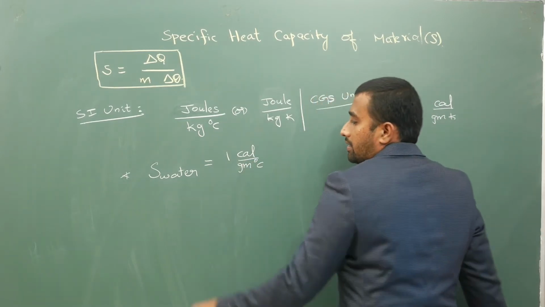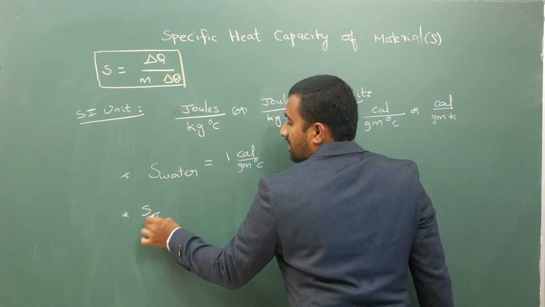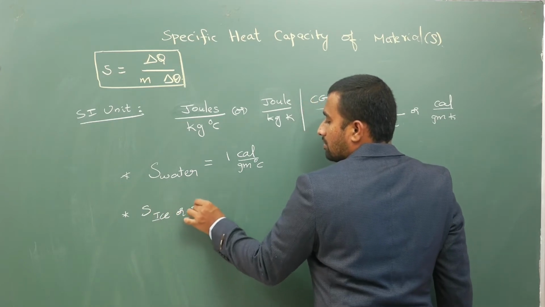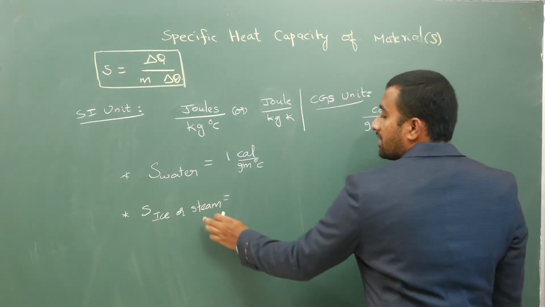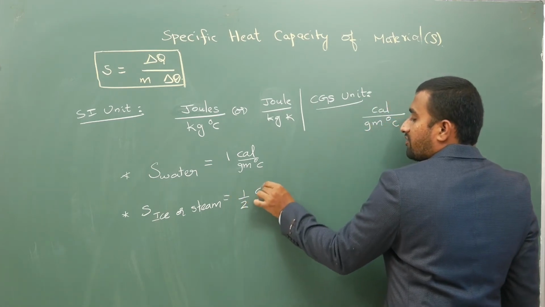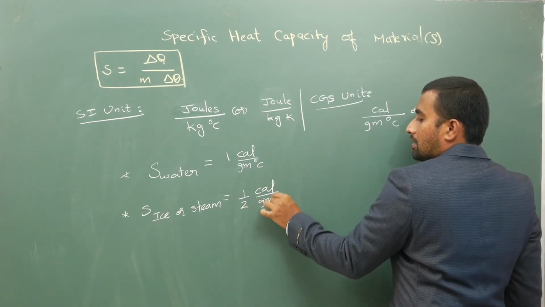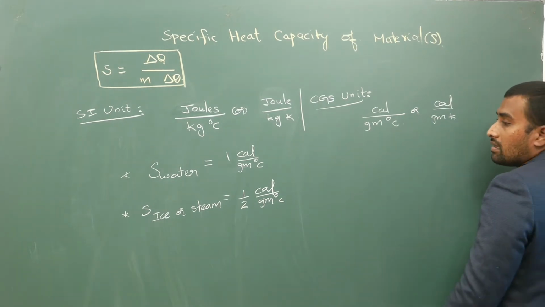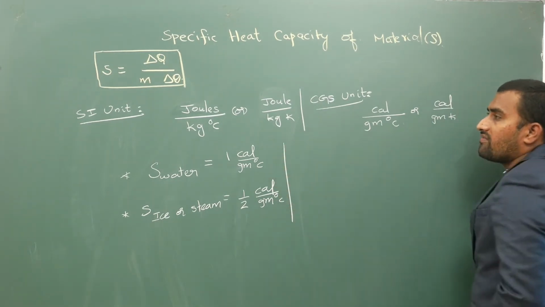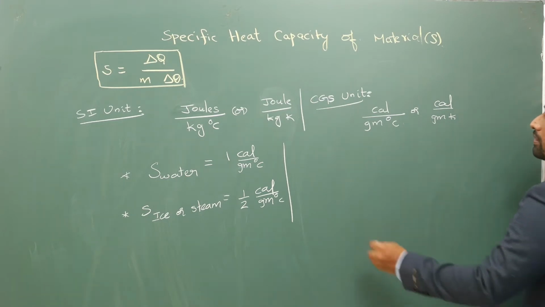And the specific heat of ice or steam, unless otherwise mentioned, you simply take as half calorie per gram degrees centigrade. In SI units, what is to be done I will explain, so for that we will do a small problem.